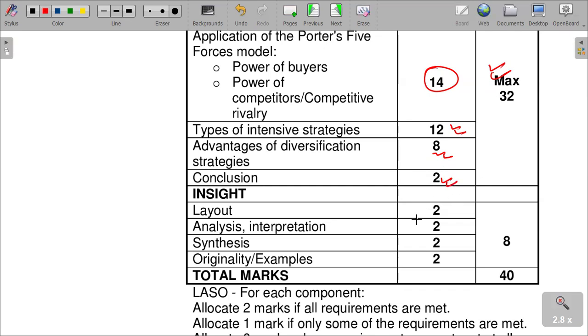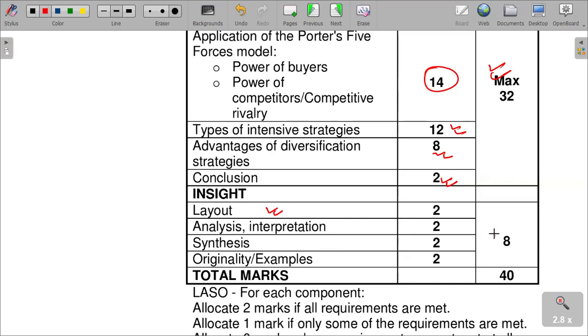So please don't overemphasize, or go beyond, or make your information overwhelming. Obviously, there is also layout. The layout gives you 2 marks, which covers the introduction, and then the subheadings, analysis, interpretation, synthesis, and examples.